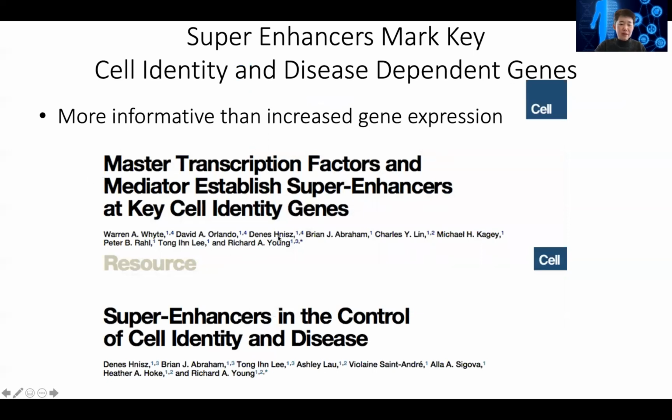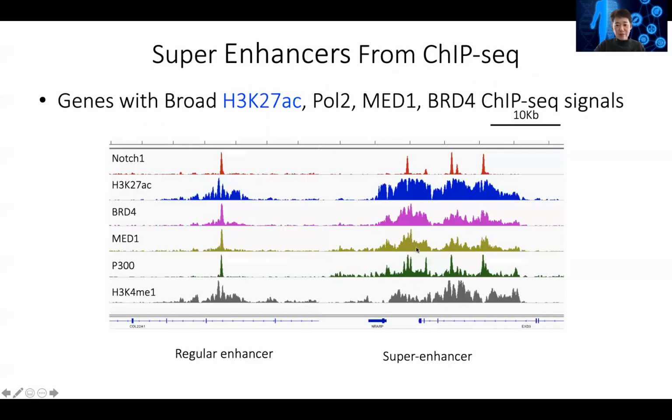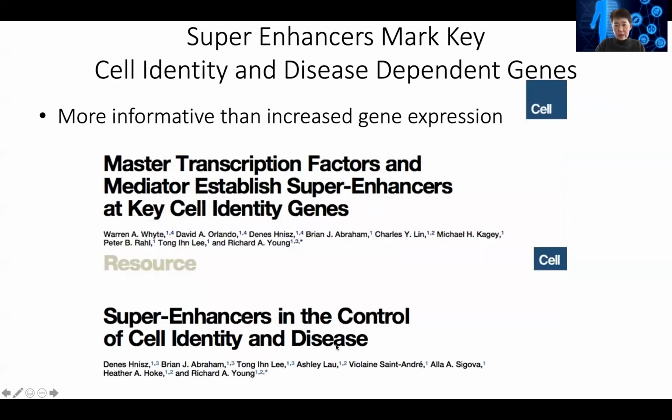What Rick Young discovered through later studies was that in a lot of cells, the key, really important transcription factors are marked by these super enhancers, which means that their nearby regions have transcription factor binding that induces very, very strong K27 acetylation signals. And so these are called super enhancer target genes. And these genes are very important for the cell lineage, also for different diseases, especially cancer.